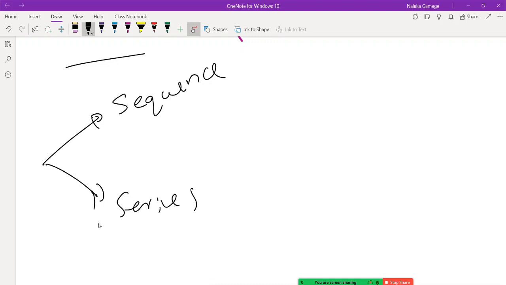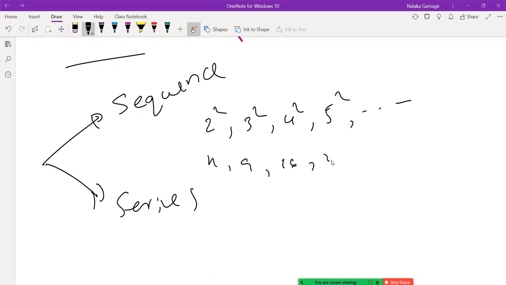Sequence is a set of numbers with a pattern, so we can always tell the next one. For example, 2 squared, 3 squared, 4 squared, 5 squared. That is a sequence because we can say 4, 9, 16, 25, and now I know the next ones are 36, 49.